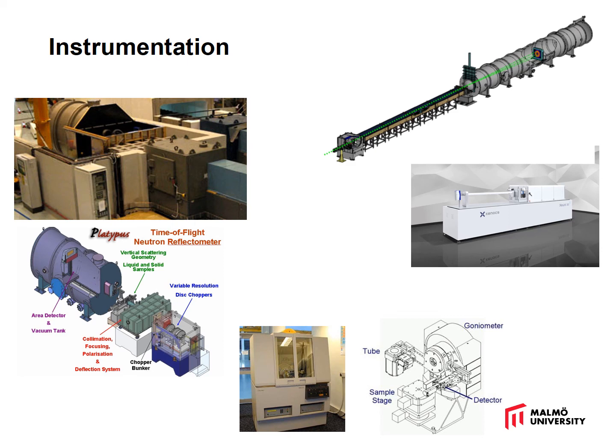At the bottom here, we have a powder diffractometer, which has been used and converted into a reflectometer. We put the samples here. We have an X-ray tube here. The X-rays are collimated and interact with the sample, and we have a one-dimensional detector.